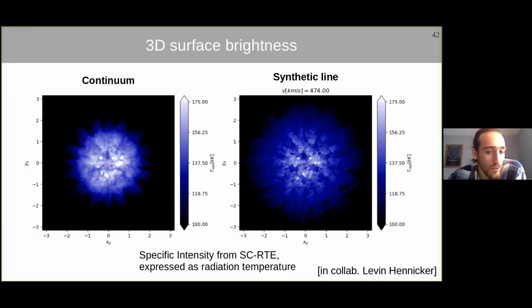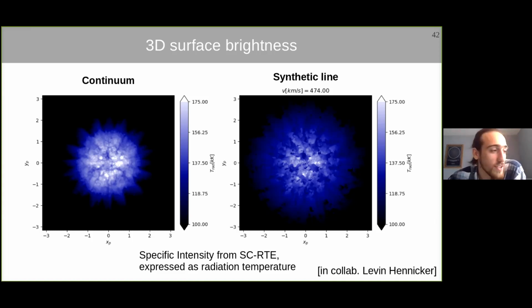What this means is that if you were able to travel to a Wolf-Rayet star and be close enough to resolve it spatially, this is exactly what you would see on the left-hand side if you used a band filter that passes continuum light, and on the right-hand side if you used a filter that passes light at the frequency of an absorption line.